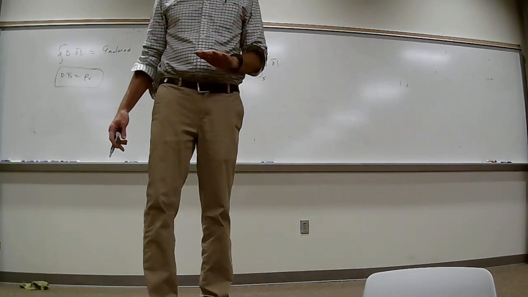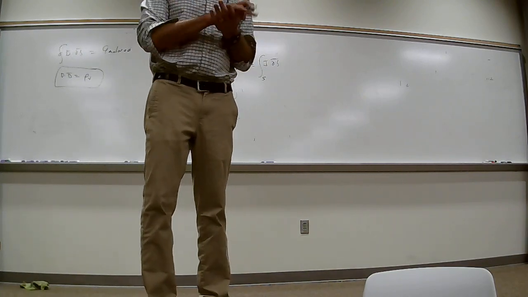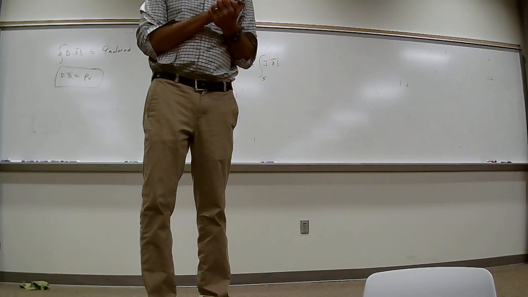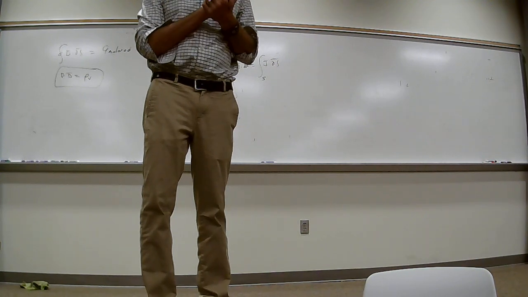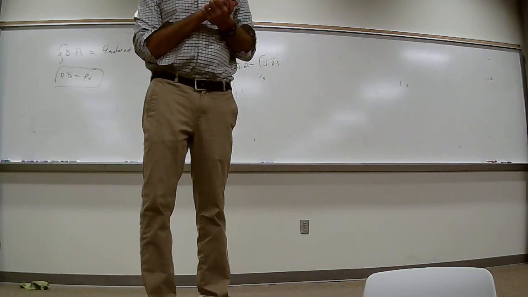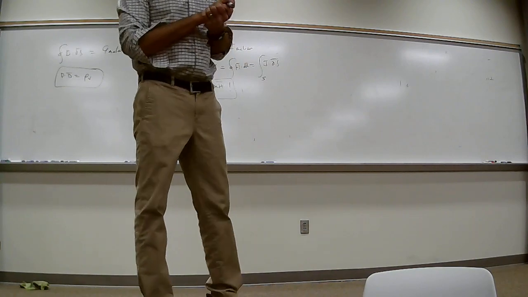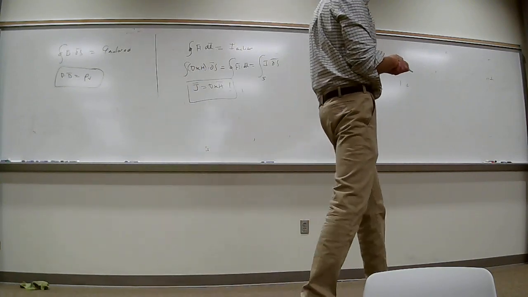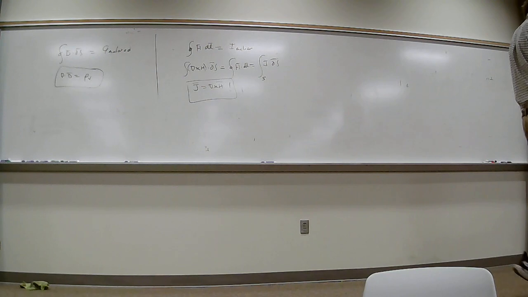The curl is defined in the back of your book, on the cover. You all see this? Just open your book for a second. If you don't have it, don't worry about it. There are things defined: the divergence, the curl, the gradient, and the Laplacian. Do you all see the curl?